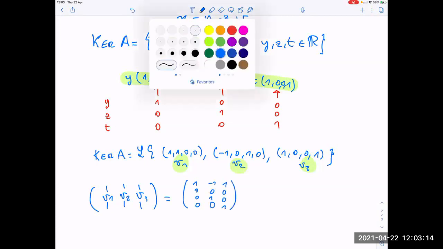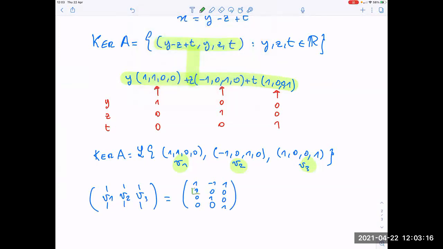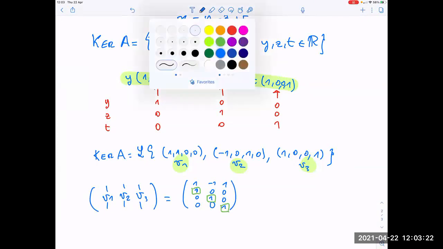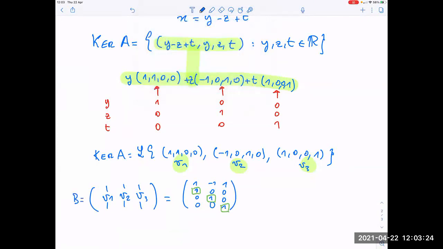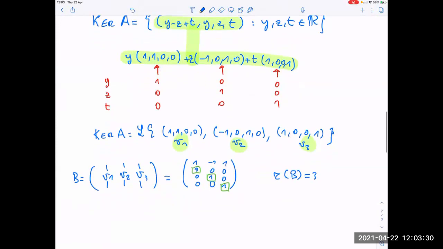And you see this matrix is step reduced. And these three are markers. So this matrix here, call it matrix B, has rank 3. The matrix you should step reduce to see if it is a basis is the transpose.